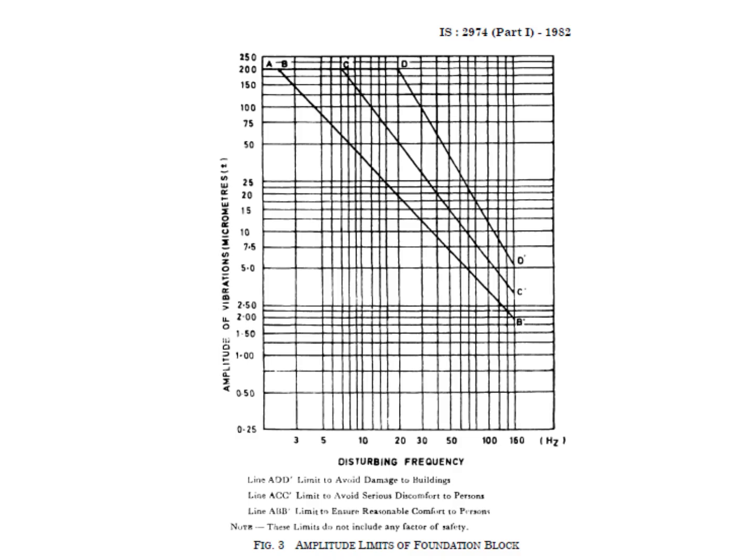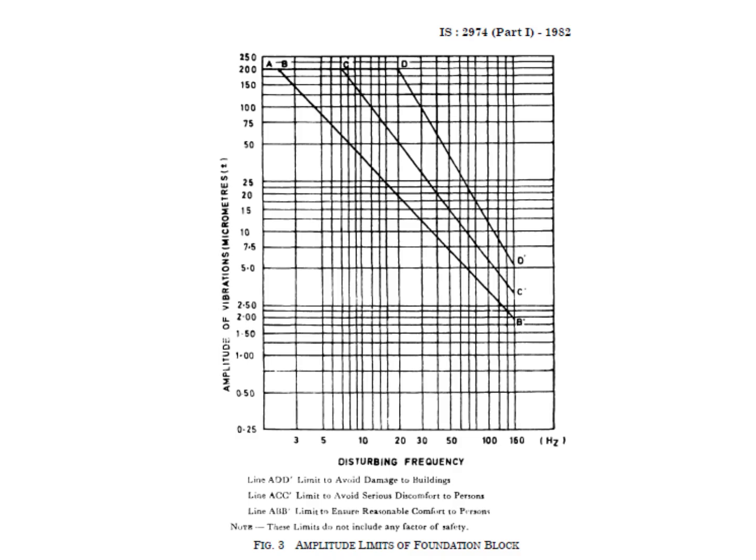Accordingly, different curves are there. For example, the line ADD dash specifies the limits with the consideration that if we are within these limits, then safety of the structure is ensured.